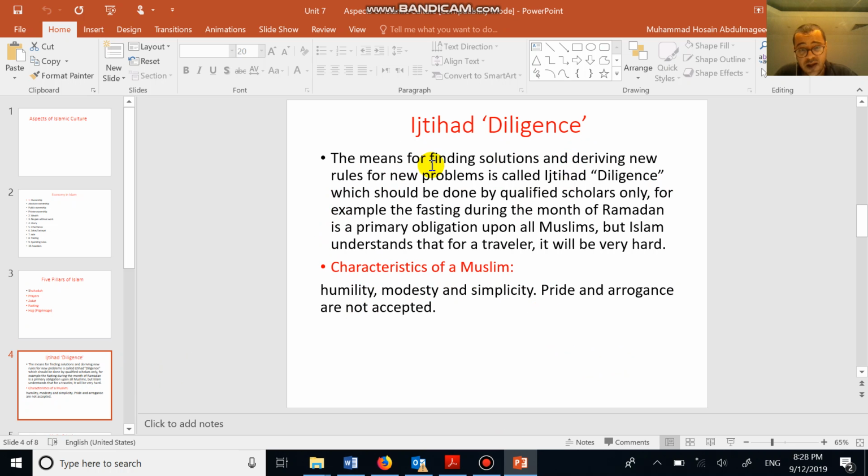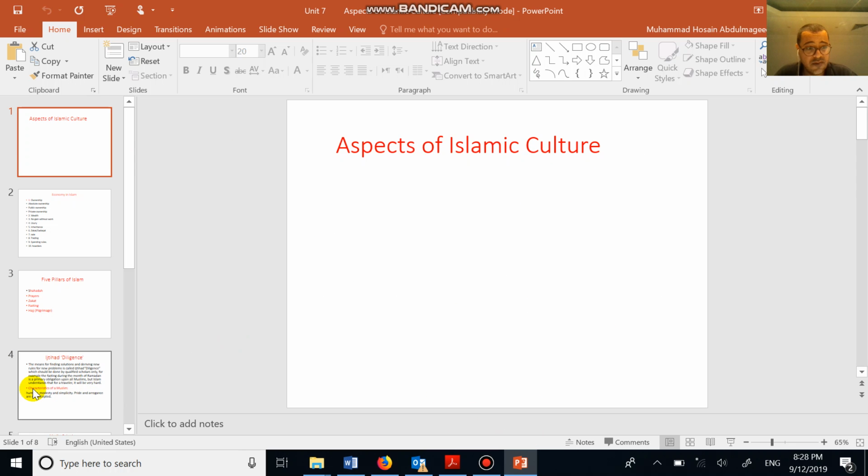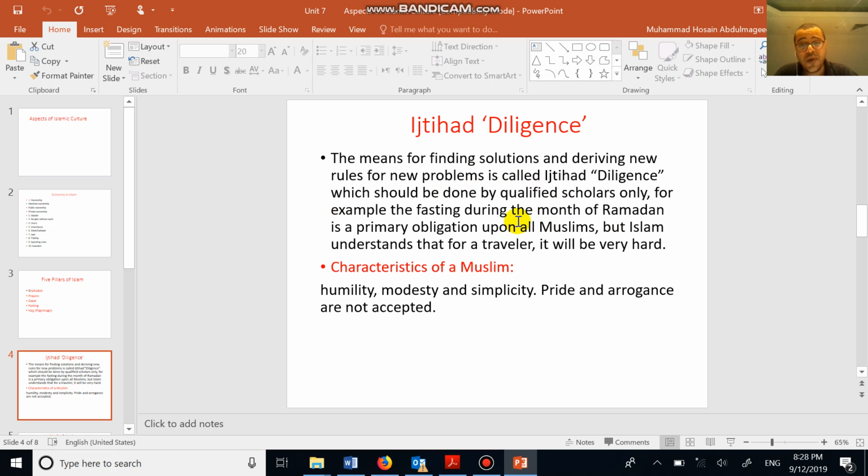Now another thing related to aspects of Islam, we talked about the source of our rules and behavior as Muslims: they come from the Holy Quran, and from the Sunnah, and from what the Sahaba were doing, the followers of Prophet Muhammad ﷺ at his time. Now there's another concept which they call ijtihad, or diligence.